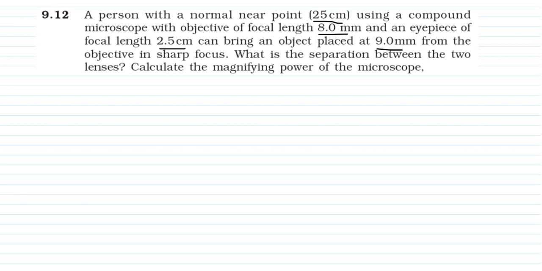So here we first write the data. U, the object distance for the objective lens, is minus 9 mm.